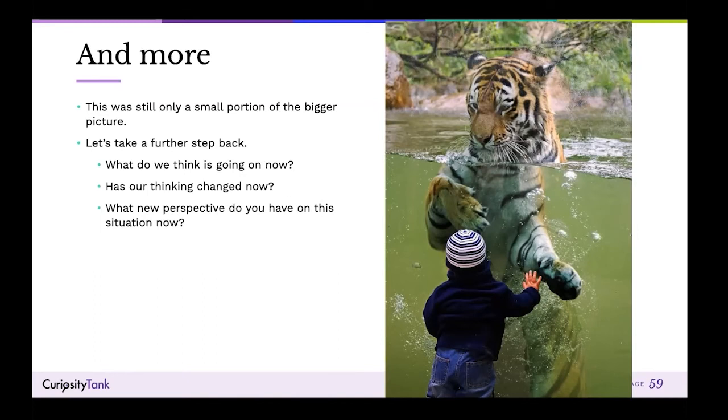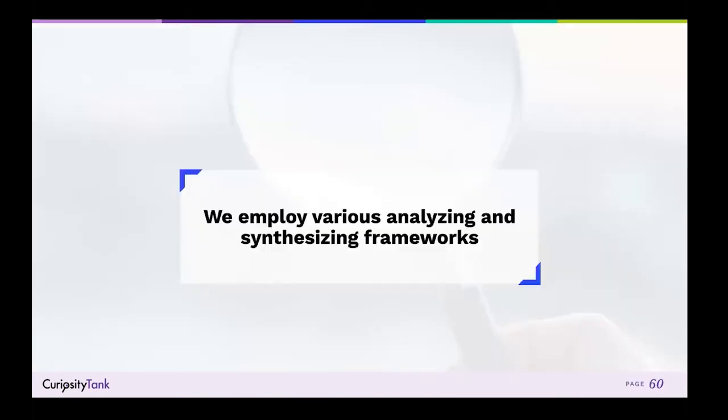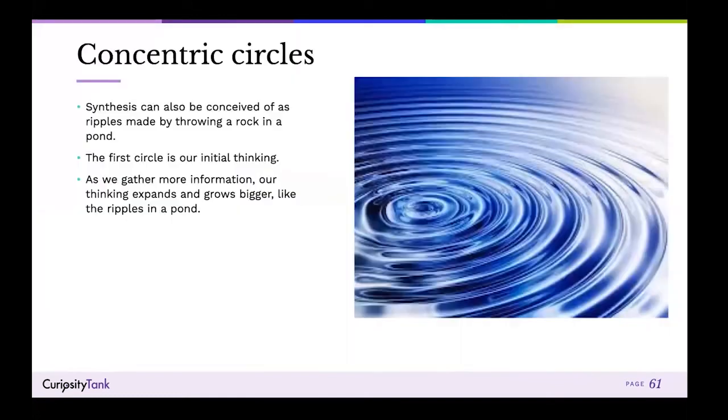And this is what analysis and synthesis is. We employ various analyzing and synthesizing frameworks to this. I teach this in my class called Spot Patterns. And what I'd like to share with you next is another framework for analysis and synthesis.